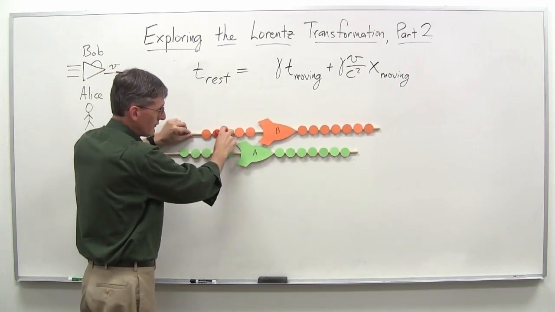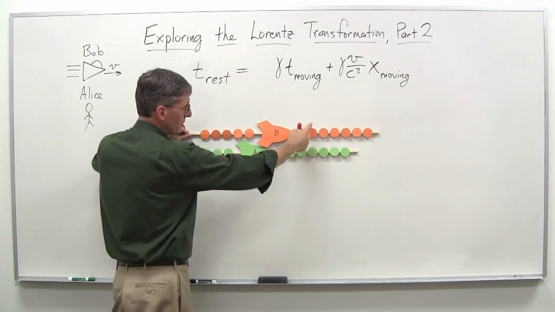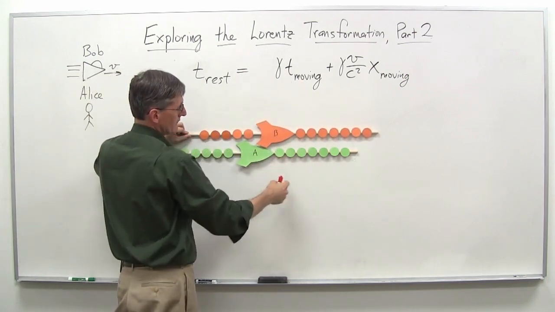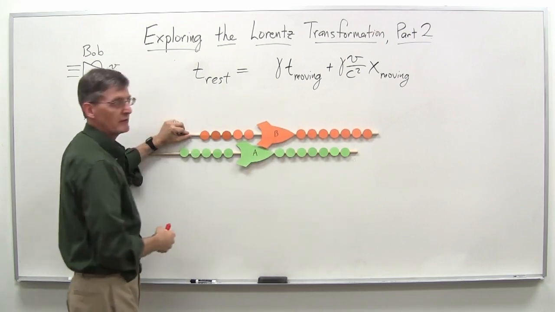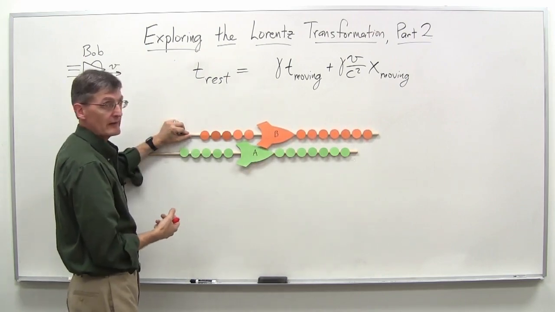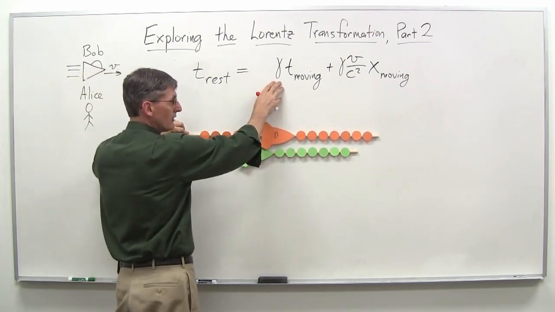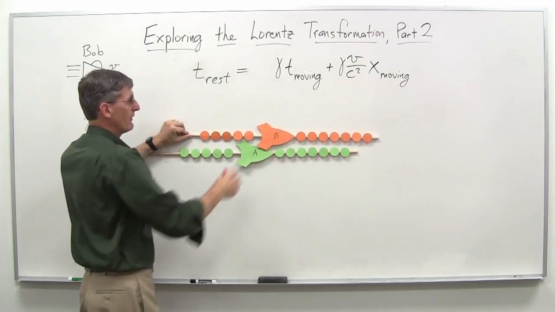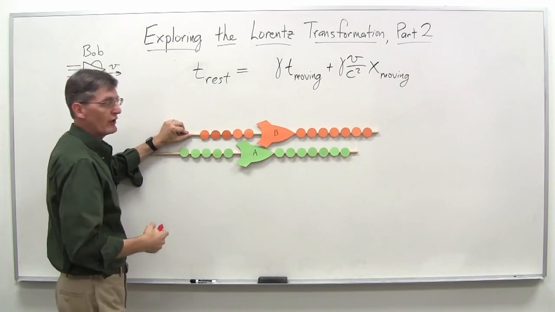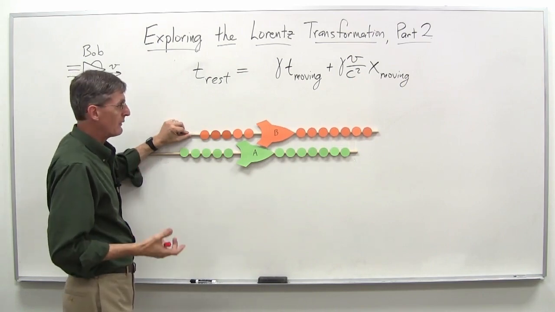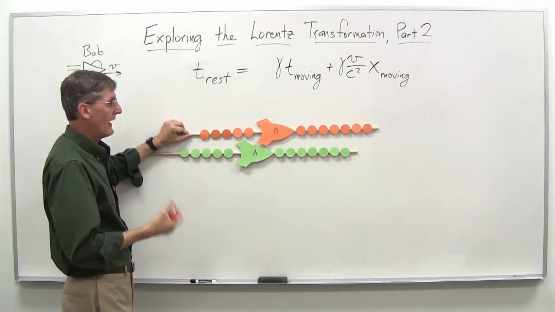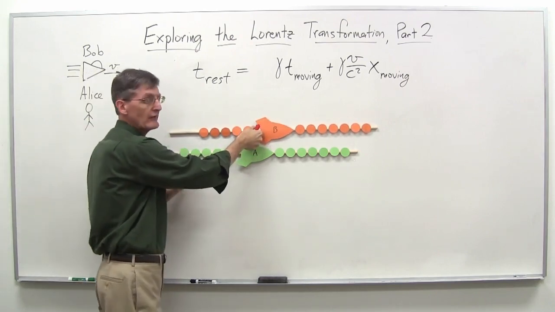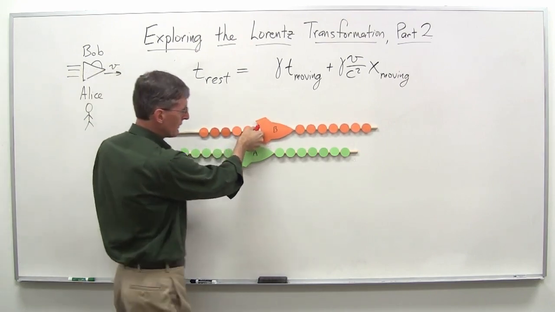But down here, as it went on, we find when Alice took the photo that the time on, say, the second one I've been pointing to, whichever one I've been pointing to, has to be less than 10 because gamma's greater than 1. This term also is positive, and therefore the value of time on Bob's clock in the moving frame has to be less than 10. Okay, so that's sort of an interesting result. It just reminds us of time dilation.